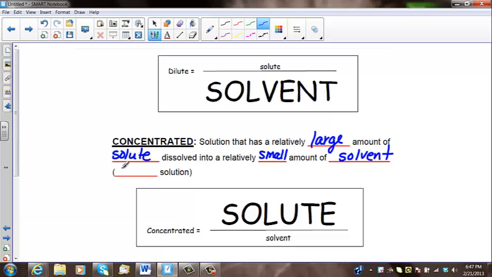And this is called a strong solution. So you can see here by the pictures and the font size, the ratio of the solute to solvent in a dilute solution versus the ratio of solute to solvent in a concentrated solution.